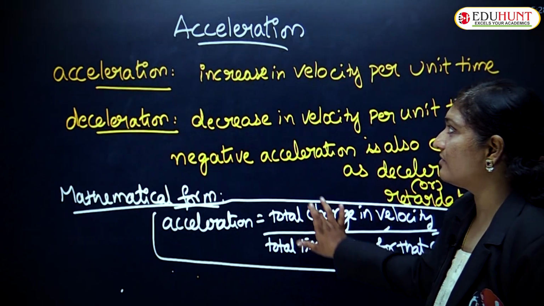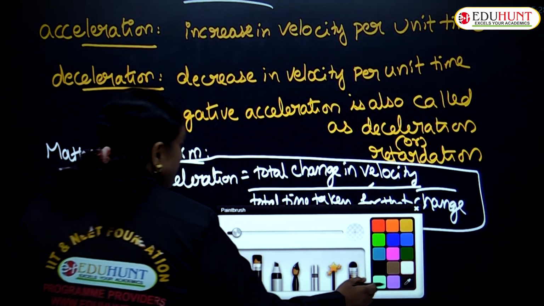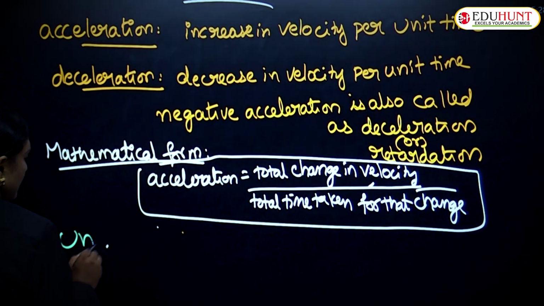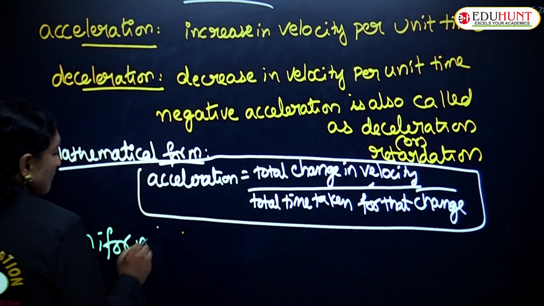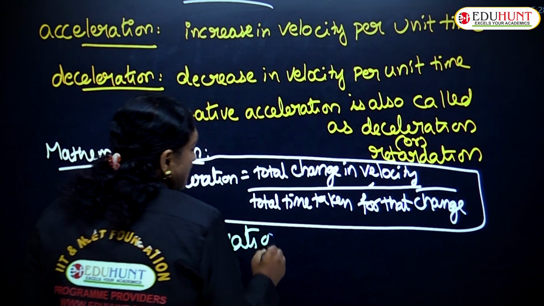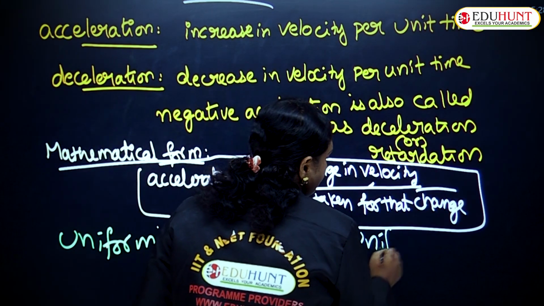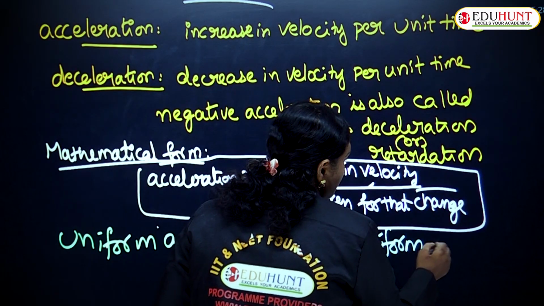That means, what is uniform acceleration, children? Acceleration is again classified into two types: uniform acceleration and non-uniform acceleration. What makes the difference?